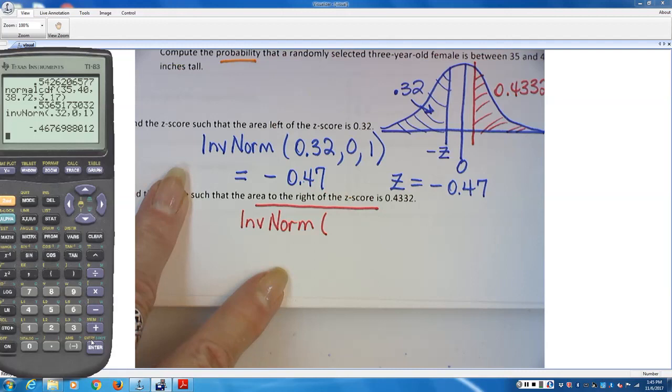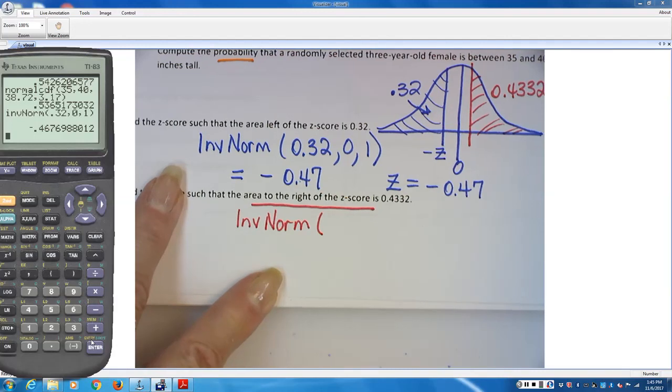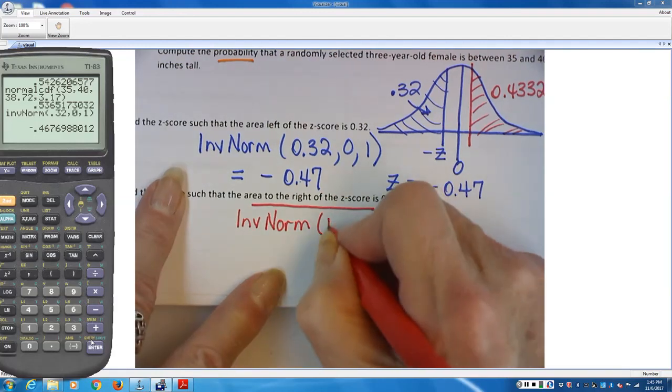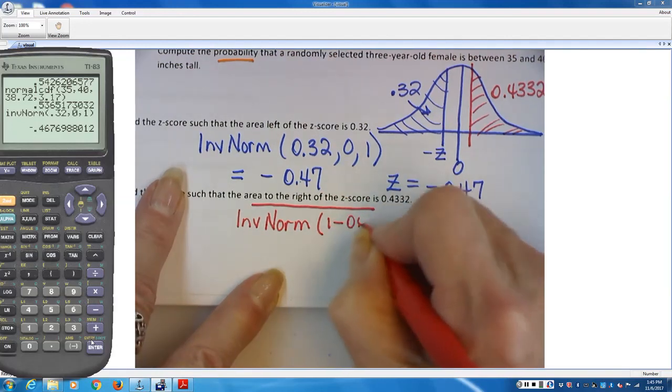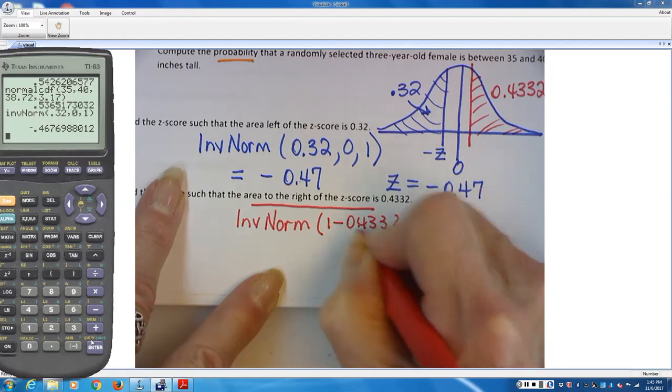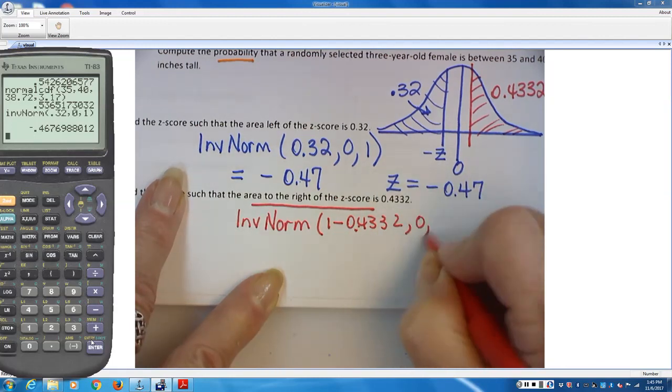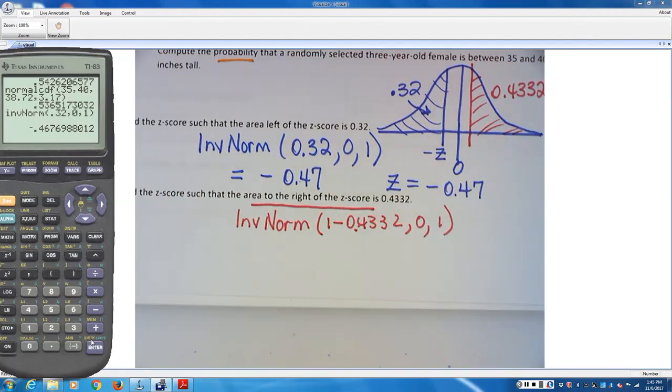Now we could just go ahead and subtract 1 minus 0.4332, or you could put it in here as 1 minus 0.4332. The mean is 0 and the standard deviation is 1.